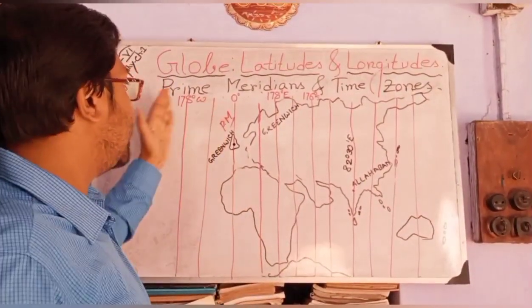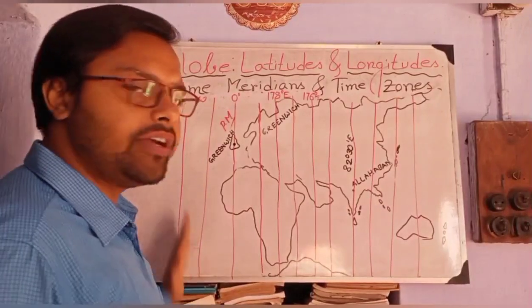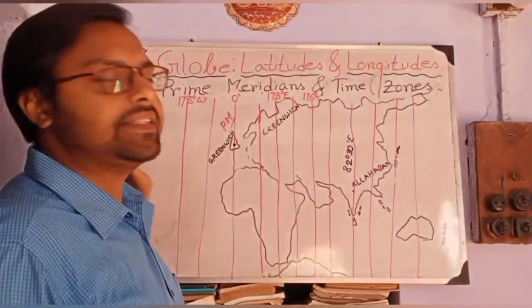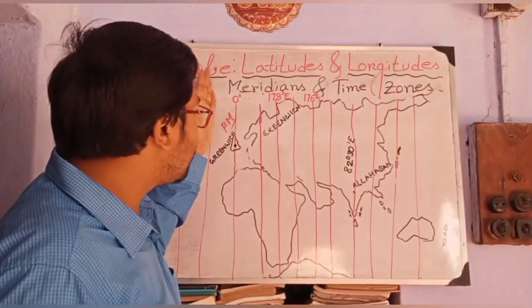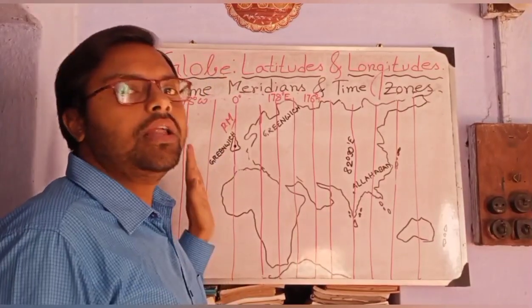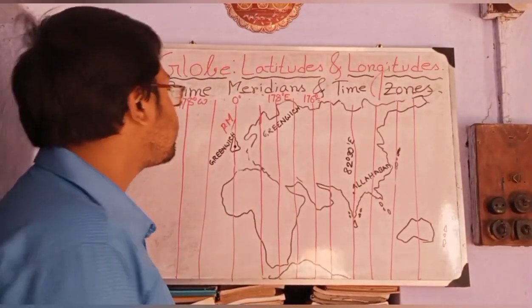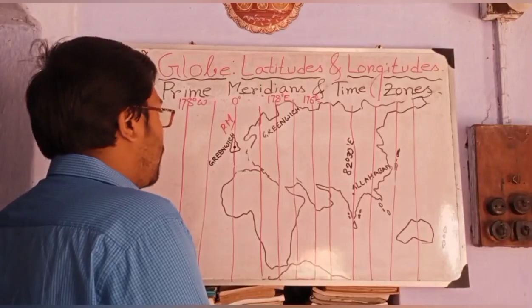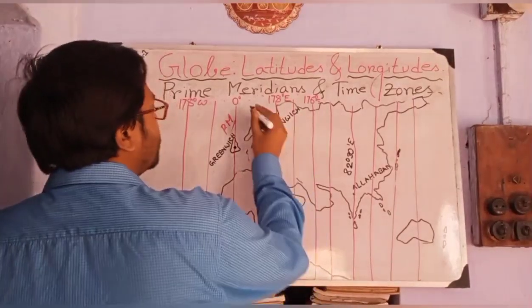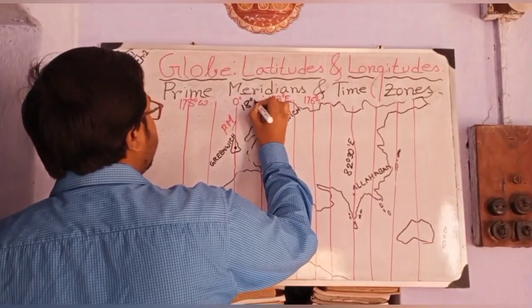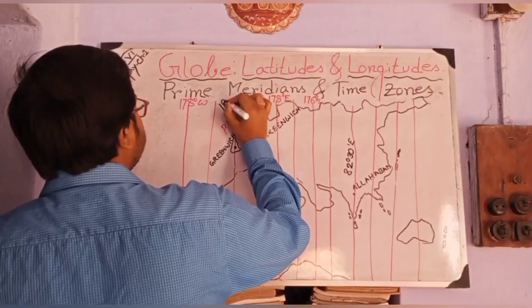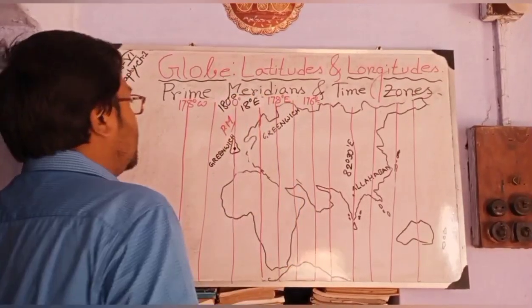Towards the west, there are 179 degrees west, 178 degrees west, like this. So from this 0 degree longitude, the eastern portion goes up to 180 degrees east and the western portion to 180 degrees west.